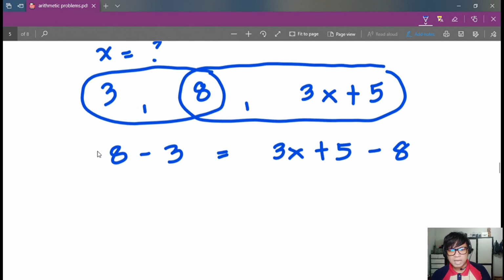So, magiging ganyan. So, 8 minus 3, that's 5, is equal to 3x. Ito, the same. So, 5 minus 3 is minus 3.